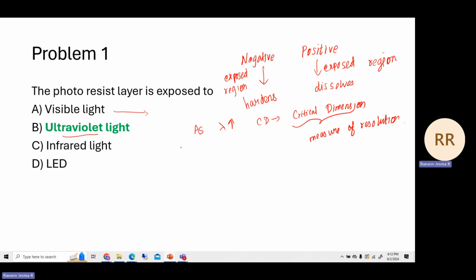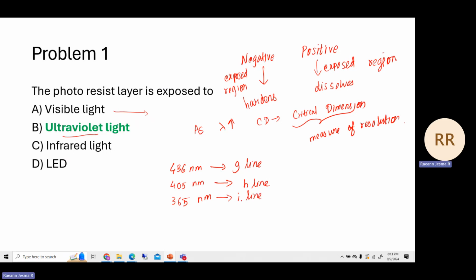In standard photolithography, we have 436 nanometer, which is the G line, 405 nanometer, which is the H line, and 365 nanometer, which is the I line.